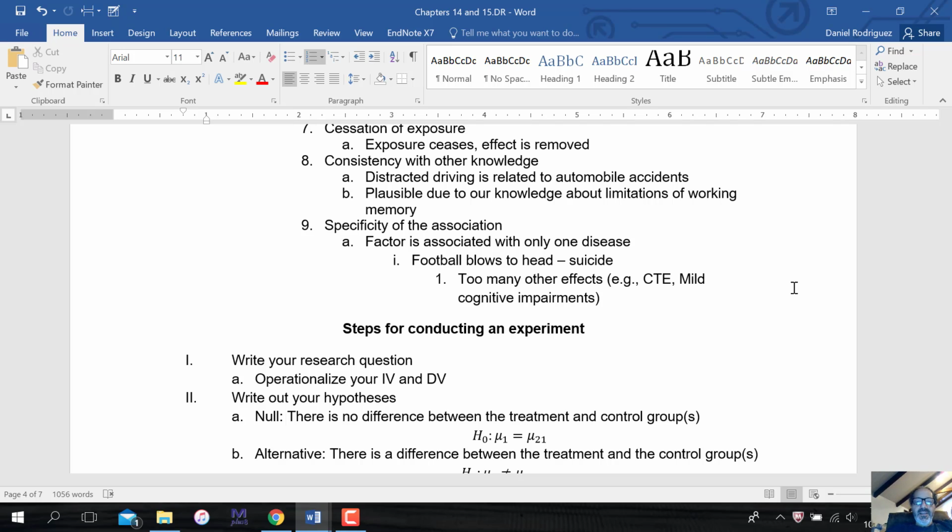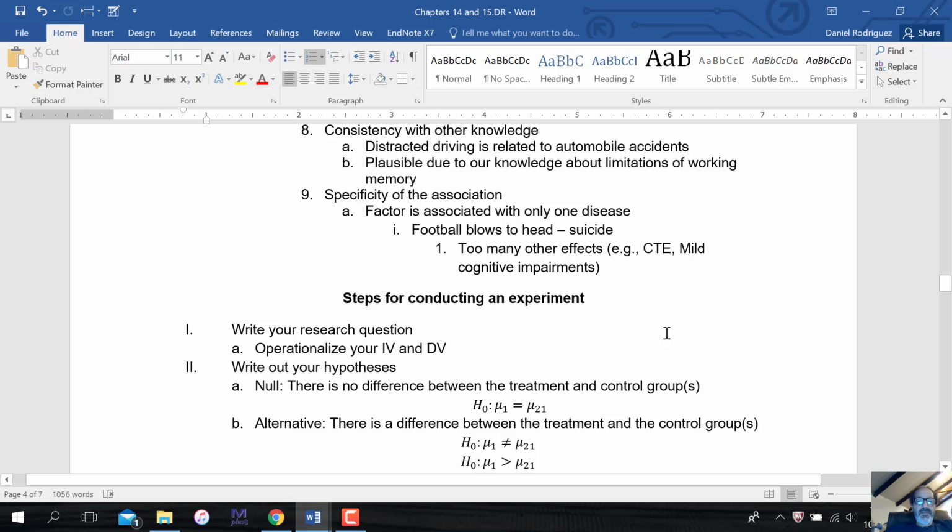That's not necessarily a specific association, because you could have other factors that cause suicide, including CTE or mild cognitive impairments or depression, etc. There are so many other factors that could be associated with suicide. So there's no specificity of the association.